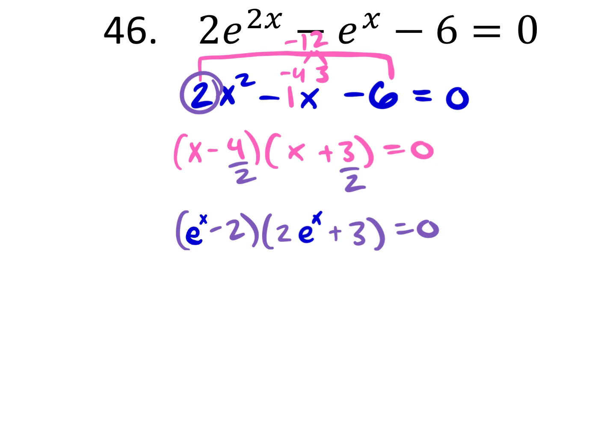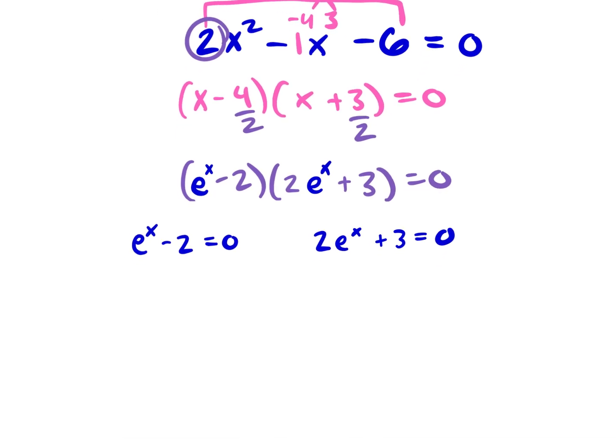And then just like we would solve a normal factoring quadratic question, we set both pieces equal to 0. And we solve. So for the first one, I add 2 to both sides. e to the power of x is equal to 2.